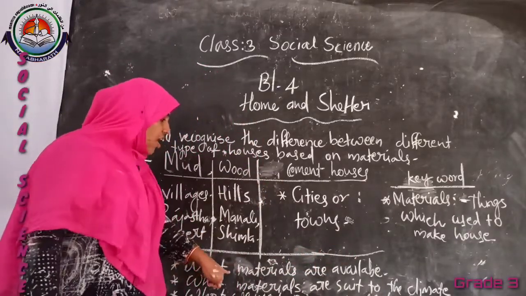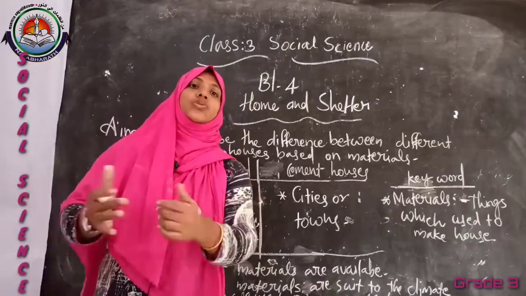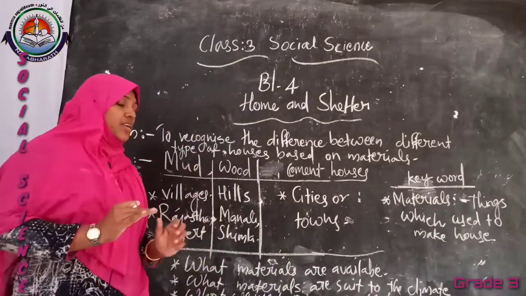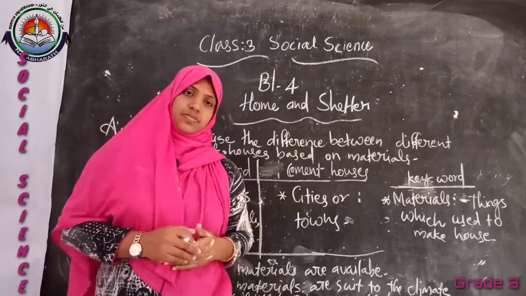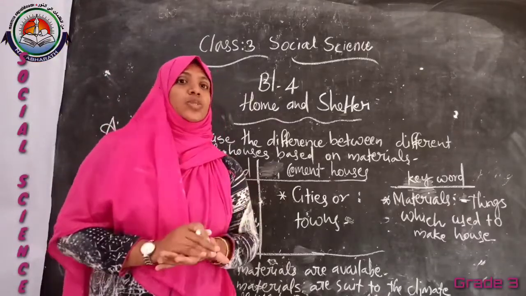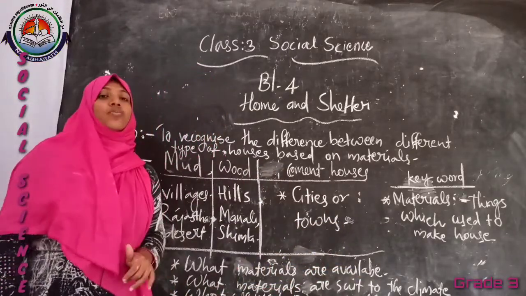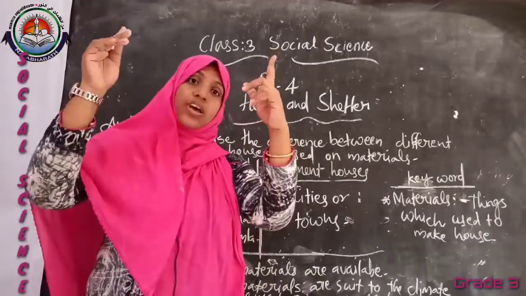That means what materials are available in our place that we can choose. Then the second one, what materials are suited to the climate of the region? Then the third one, what kind of house we need, big or small?